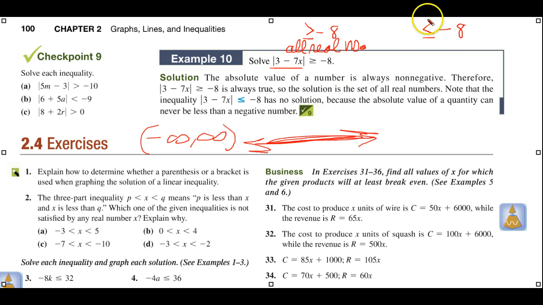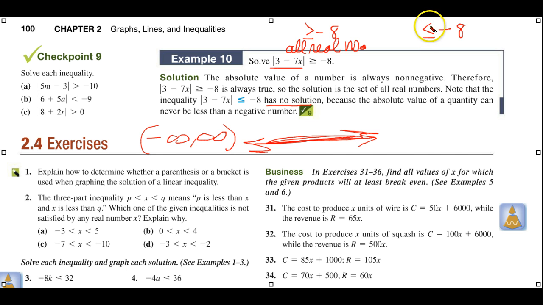Now, if the inequality sign is less than or equal to a negative value, absolute values can never be less than a negative value. So in this case, there is no solution, and this is what they're describing there. And they're highlighting the direction of our inequality sign.